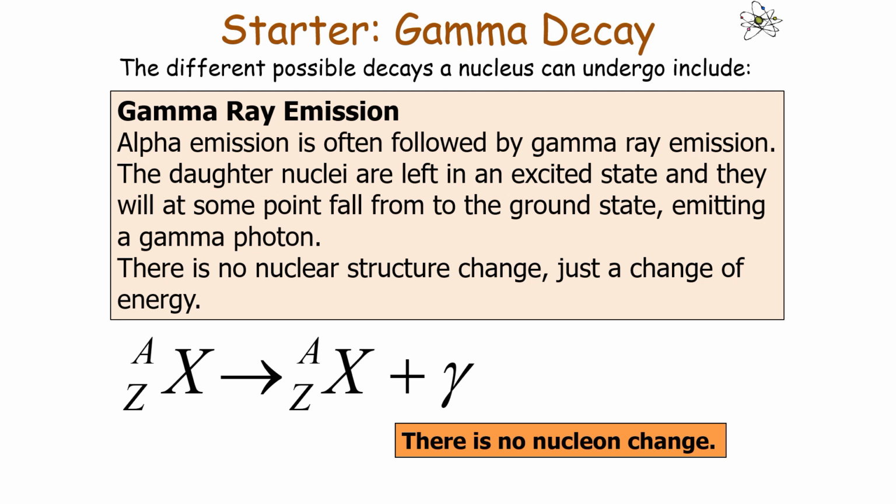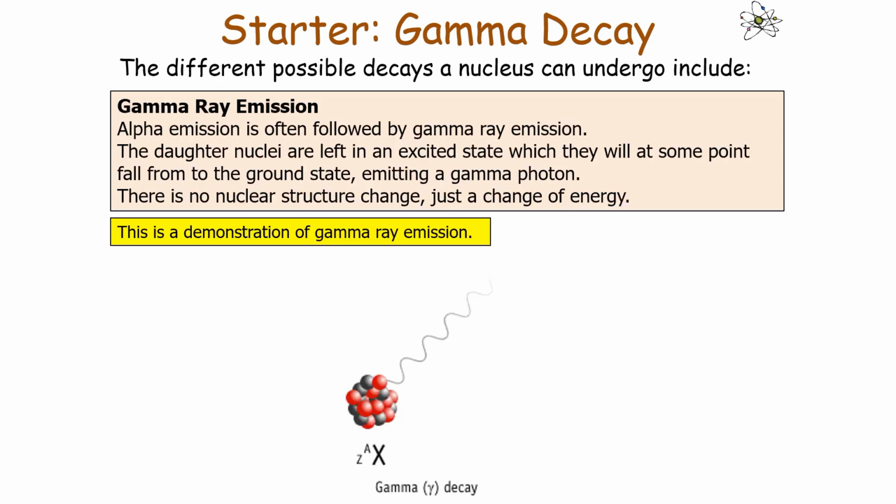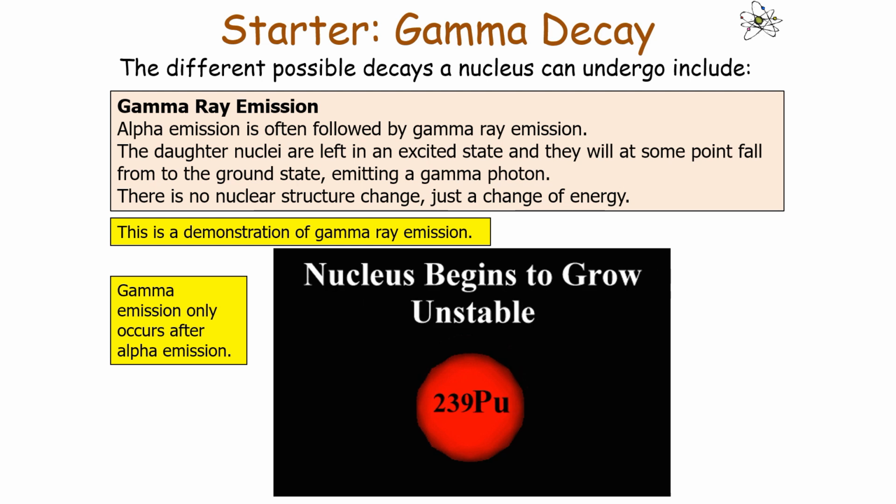So there's no nuclear structure change, just a change of energy. So this is not an example of transmutation, as no new element is formed. So a nucleus which has excess energy before gamma decay is in what we call a metastable state. So here is a demonstration of gamma ray emission, and it's important to note that gamma ray emission will only occur after alpha emission.